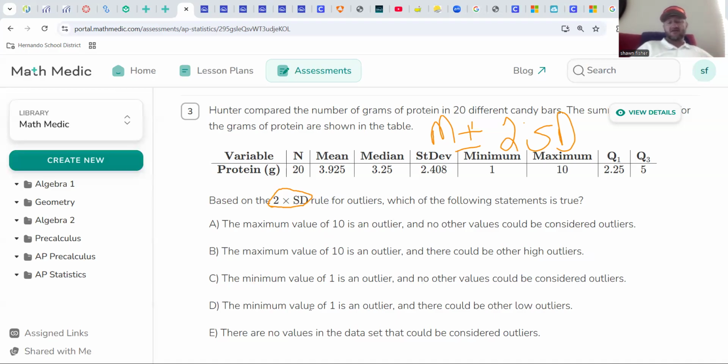D, the minimum value 1 is an outlier, there could be other low outliers. No, if the minimum is 1, and my 2 times standard deviation rule goes below that, it can't be anything else. E, there are no values in the data set that can be considered outliers. Well, that's not true because we just found one. B, number 3, guys, B is our final answer.